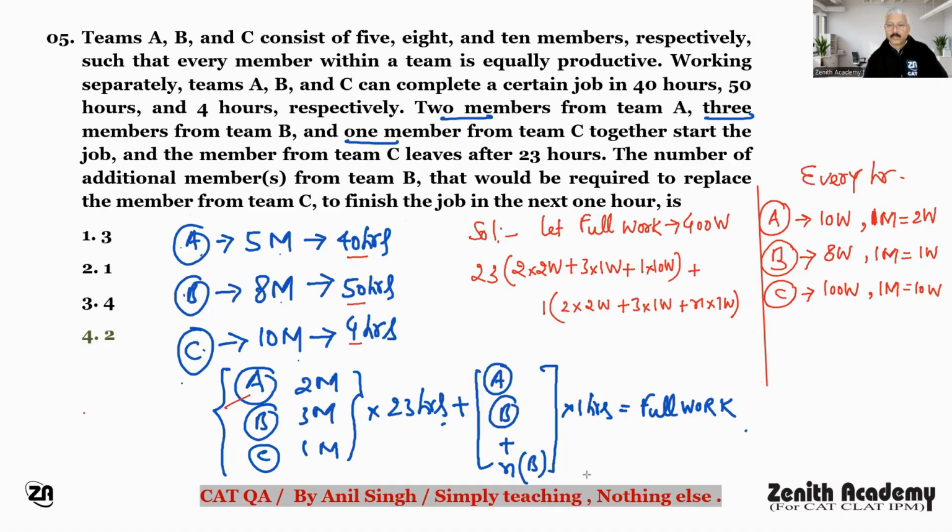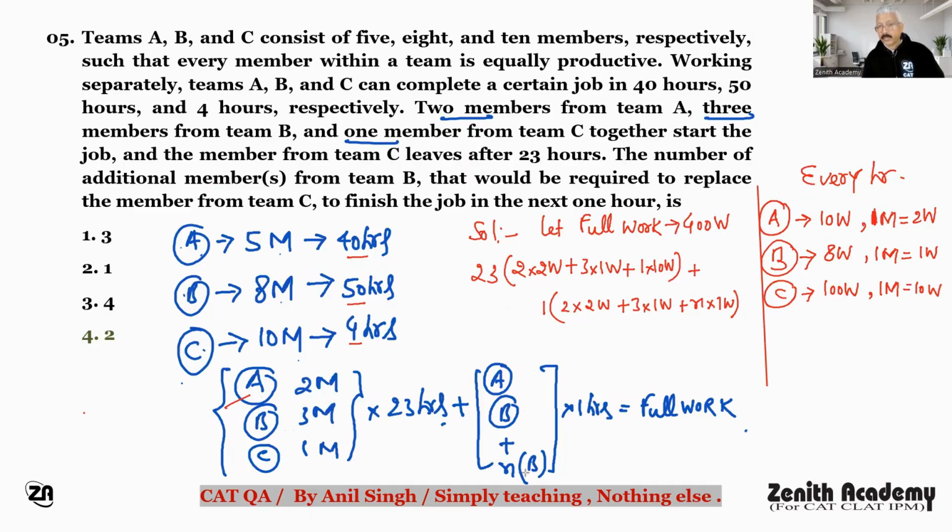So in the next 1 hour, only 1 man from team C leaves their job. So it means 2 men from team A and 3 men from team B are still present. And the question is, how many more men from team B?